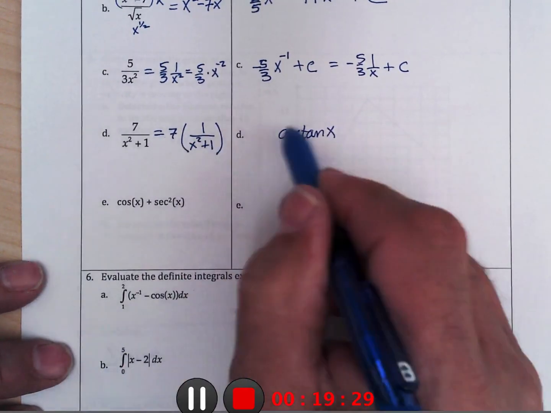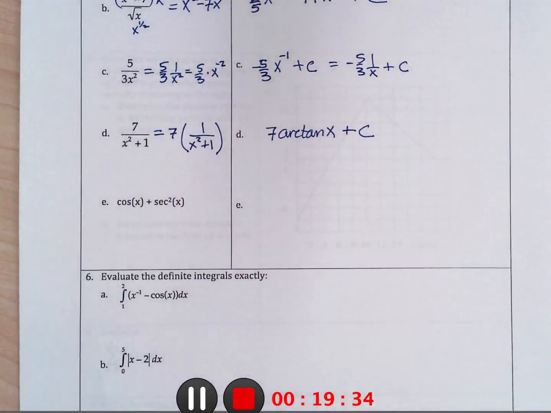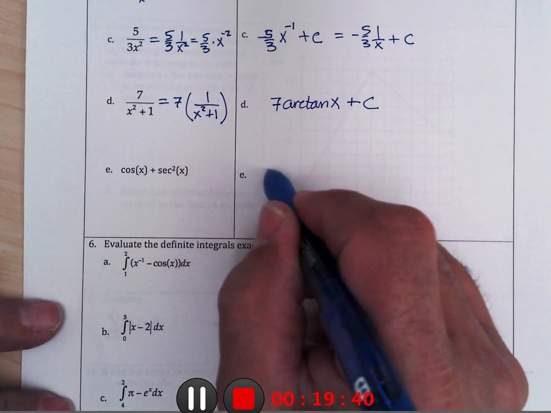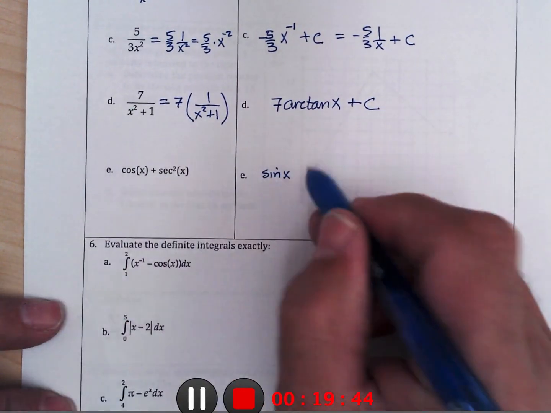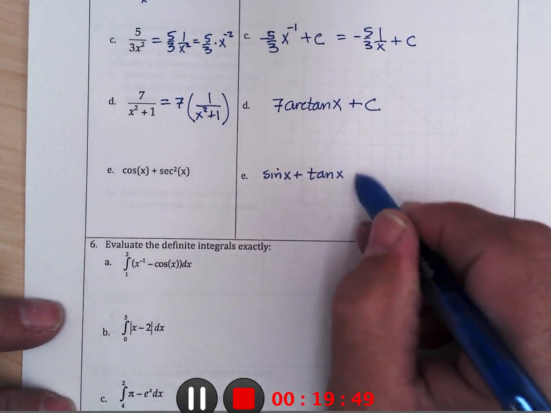The constant pulls out, and so we get this. And this one, the antiderivative of cosine is sine. Antiderivative of secant squared is tangent plus c.